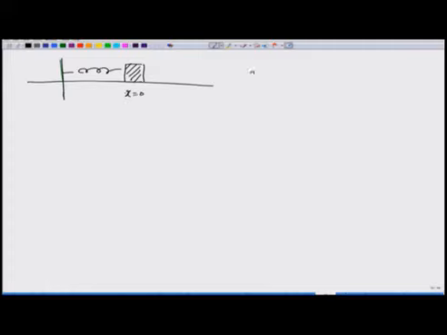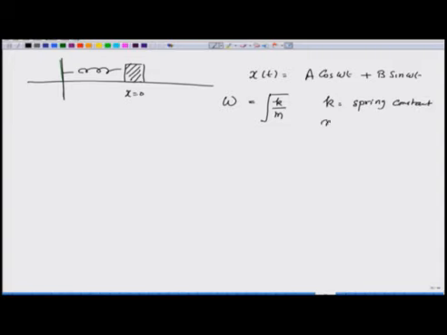The solution is x t is equal to a cosine of omega t plus b sine of omega t, where the angular frequency omega is given by square root of k over m, where k is the spring constant and m is the mass of the particle.